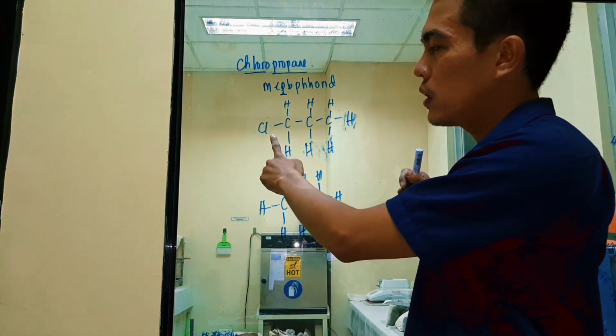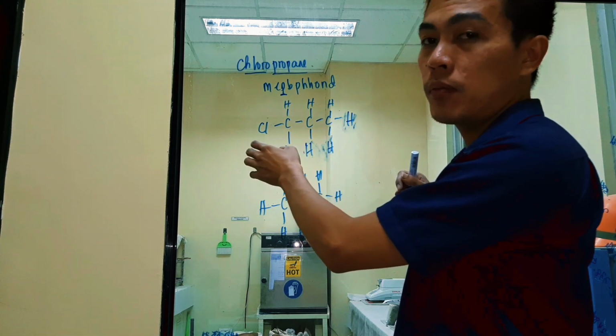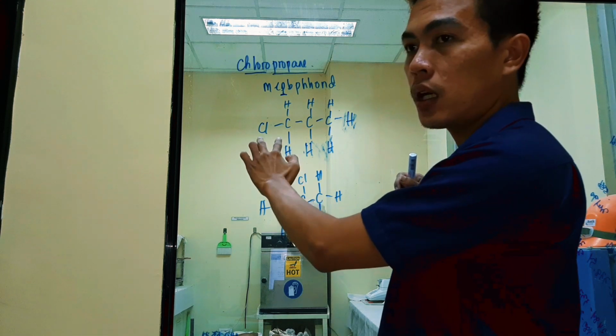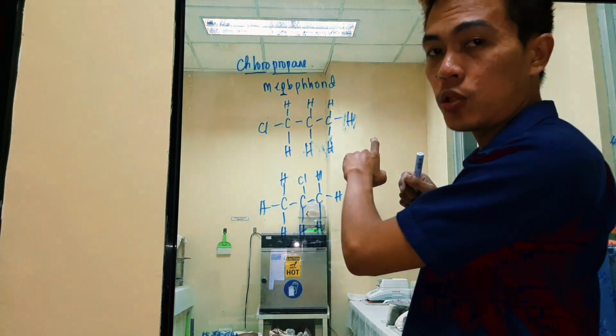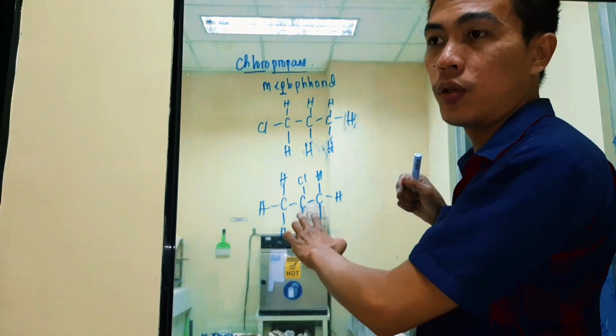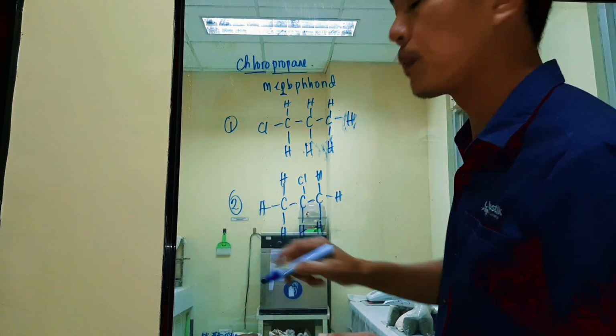So if you attach this one here or here, it's the same thing. So nothing changes, because it is still the first carbon, either here or here. So it's the same isomer. For this one, the attachment is on the second carbon, so it is really different. So this is the first isomer and this is the second isomer.